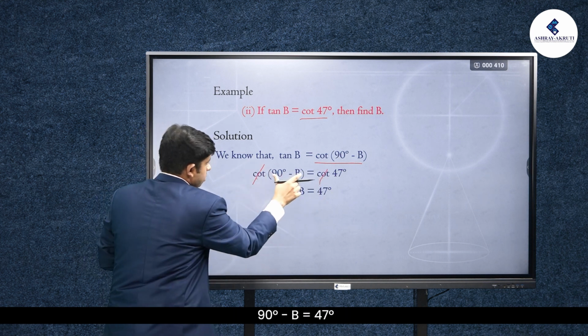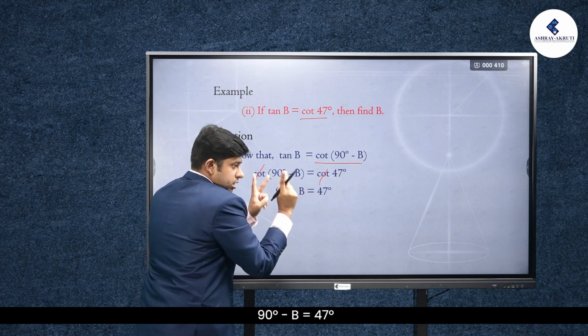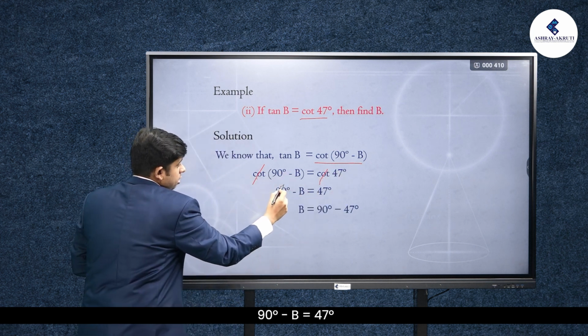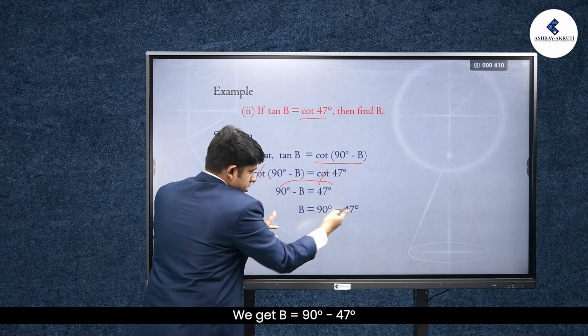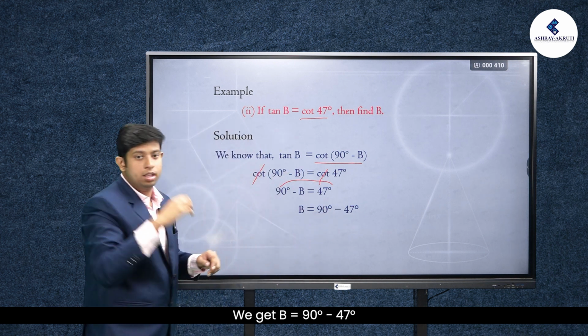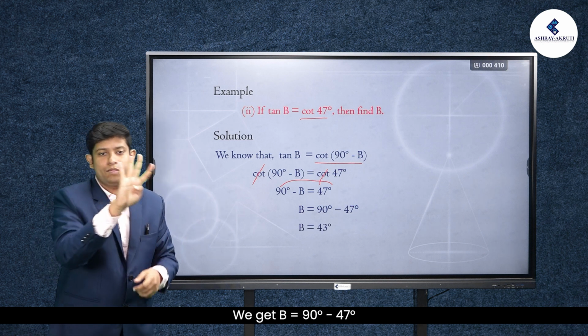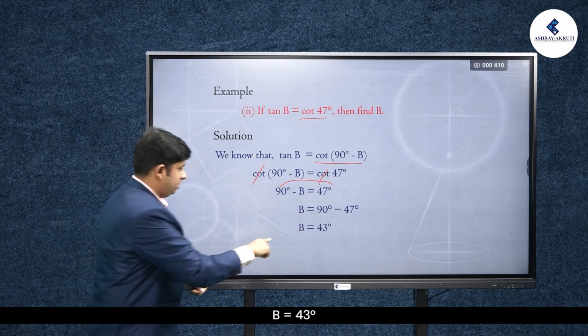Ninety minus B is equal to 47 degrees. We get B is equal to 90 degrees minus 47 degrees. B is equal to 43 degrees.